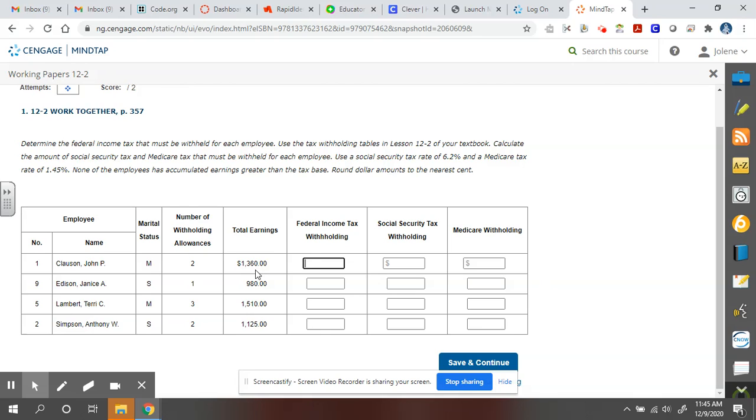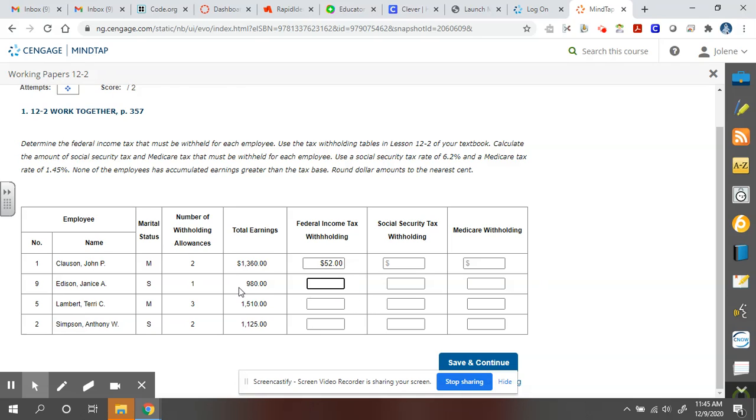Then I stay on that same line and go over to the column that has 2, and I see that he has to pay $52.